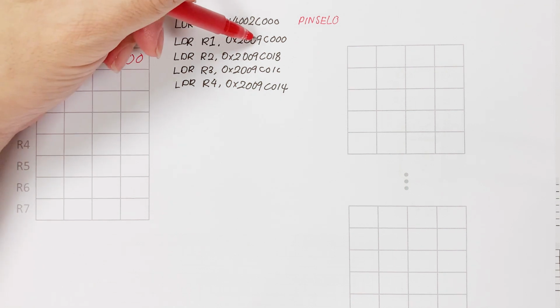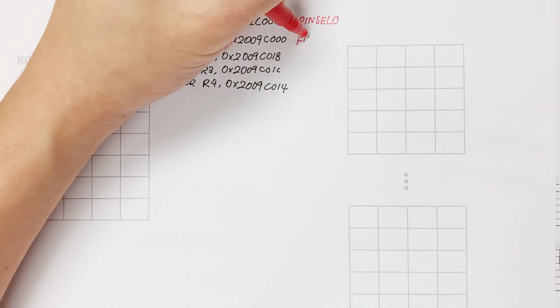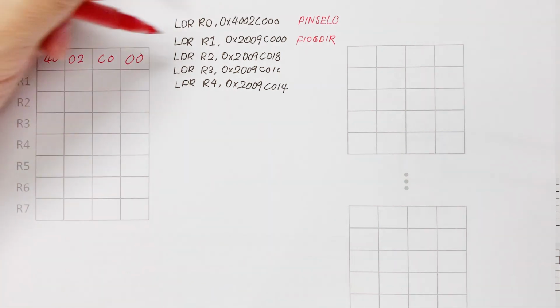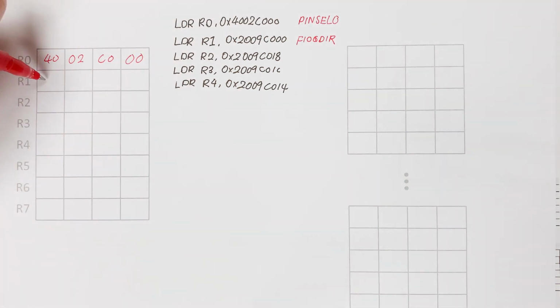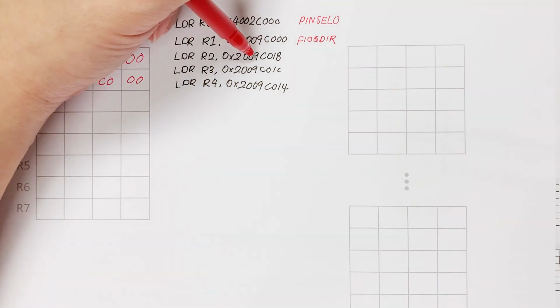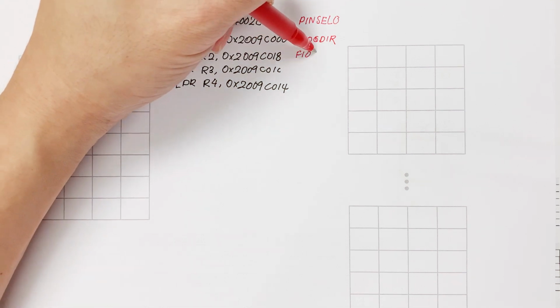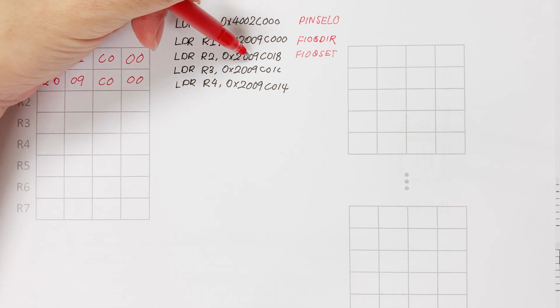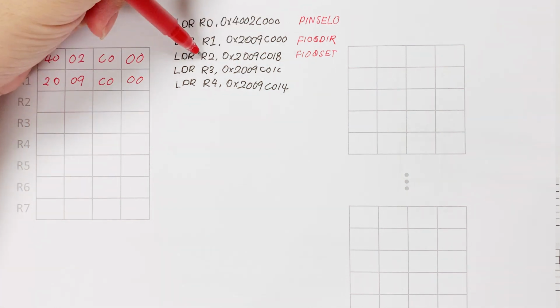Then we wrote the address for the FIO 0 direction into R1. After we have executed the instruction, R1 will have the value 2009C000. And then we wrote the address for the FIO 0 set register, the value is 2009C018, into R2.